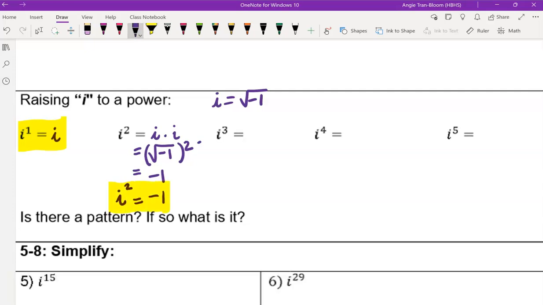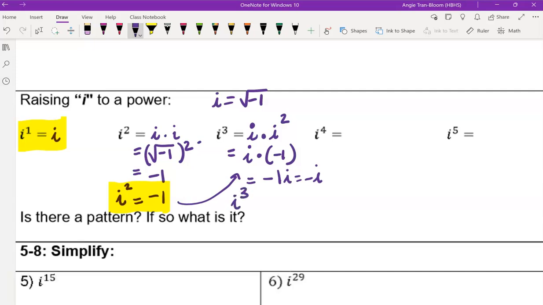Now i to the third is the same thing as i times i squared. Well, i is i, not much we can do with that, but i squared is negative 1. So this is going to be negative 1i, or we just write negative i.